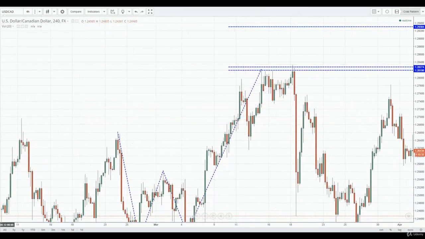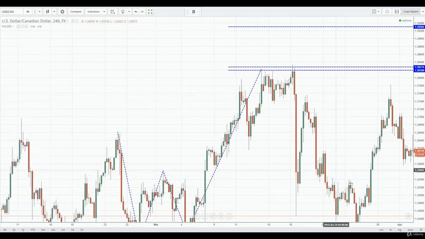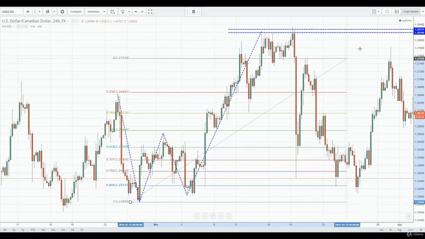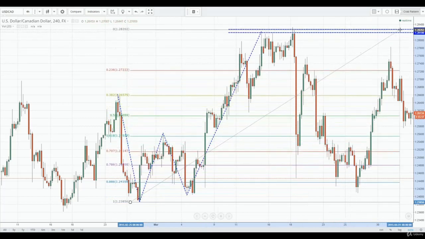We need to set targets here as well. Let's go back to auto. So we have the A to D retracement, and we are looking for the 382 and the 618.